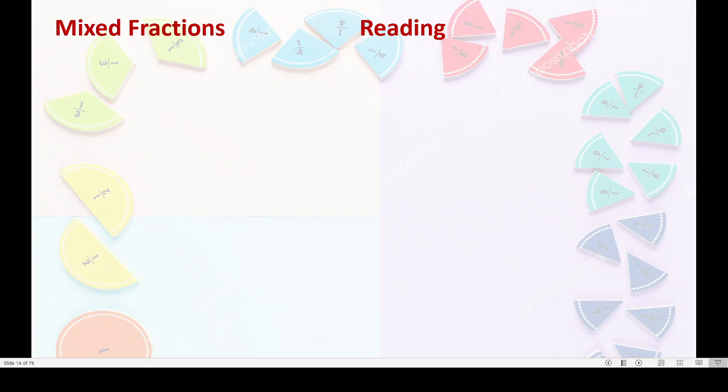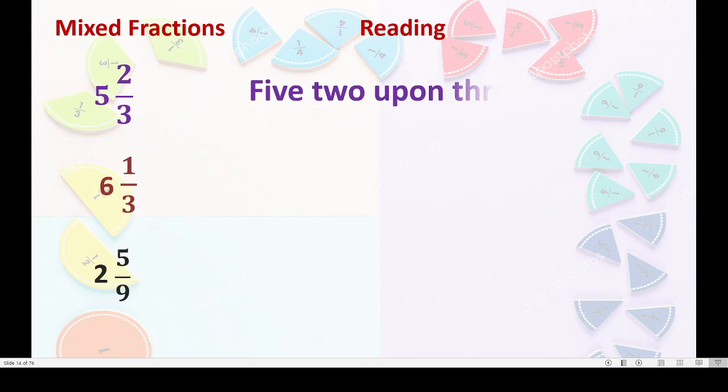We will write some mixed fractions here and we will try to read them. Okay? See this. Come on, try to read this. You know how to read now? Yes, correct. You have to read first the whole number, then the fraction. 5, 2 upon 3.